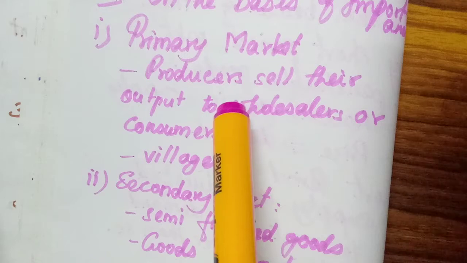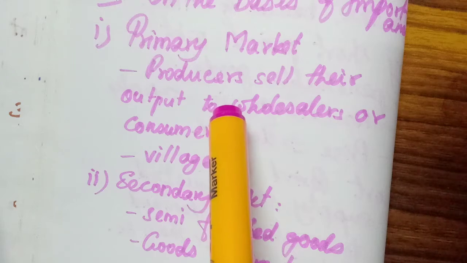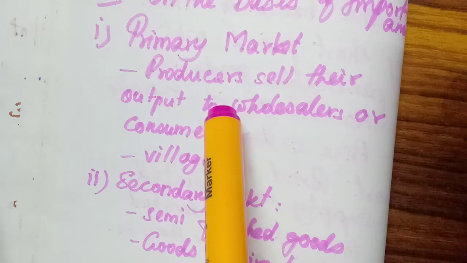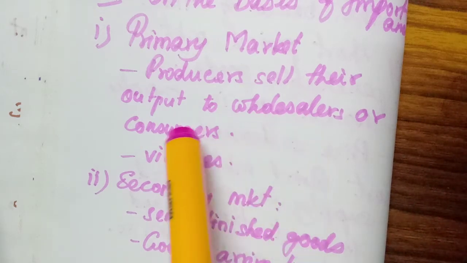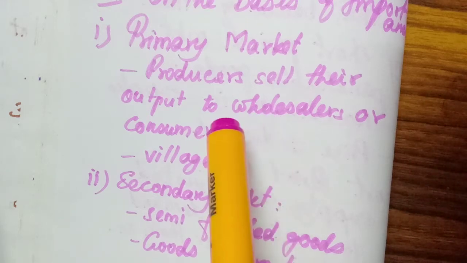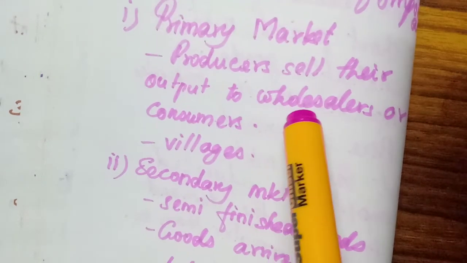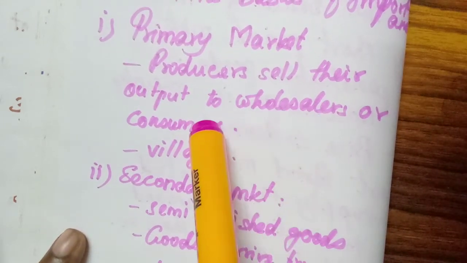For example, the banana bunches. In one field they will grow many bananas, and all the banana bunches will be brought to the nearby village market, and either they will sell to the wholesalers the whole lot, or they will sell bunch by bunch to the consumers.